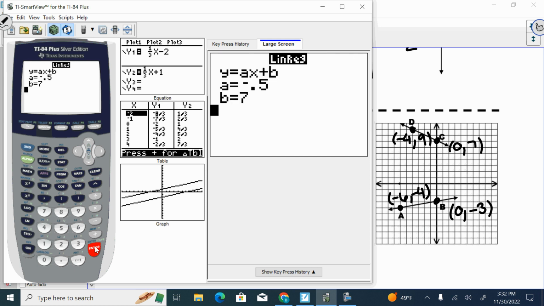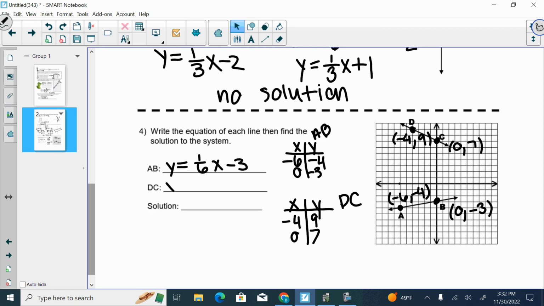And what is this one's equation going to be? -1/2. Good. So we got -1/2 x plus 7. Right? Okay. So we have the 2 equations.